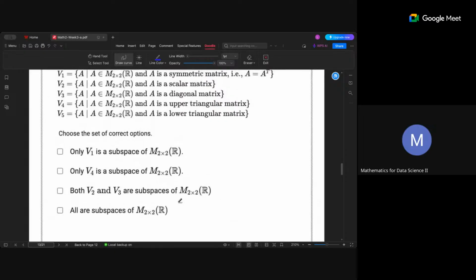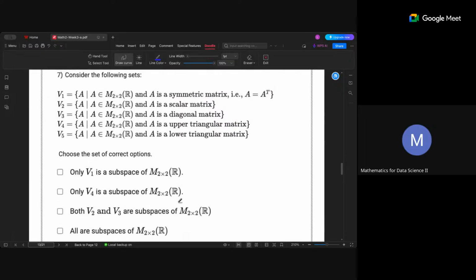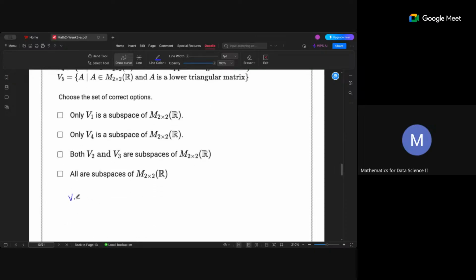Okay, good. Now some more examples in the case of matrices. The first example we already saw. What was the answer? This is a subspace. What about this one? What is V2 first of all? V2 looks like this, right?